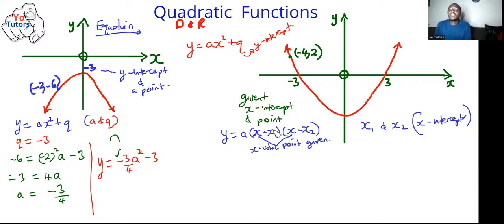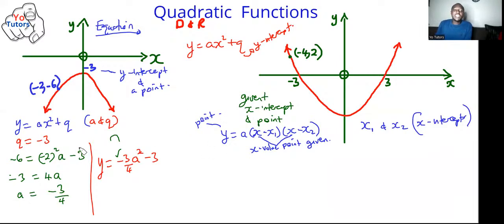So these are your intercepts, and your a, you know what to do with that. Now let's substitute. This y is also from the point. When you substitute everything here, you are looking for a.